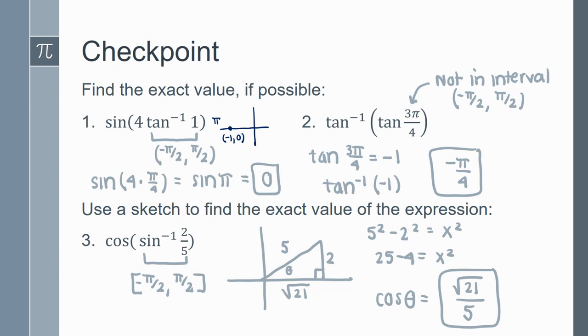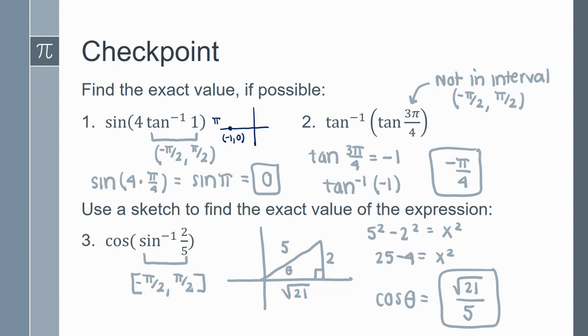So if you're thinking about the second quadrant and you draw a picture, tangent is opposite over adjacent, your legs are the same, they're just opposite signs, so it's going to turn into -1. So I want to know, what is the inverse tangent of -1? Well, going back to my original interval, because I have a negative ratio, I'm in the fourth quadrant, and it ends up being the negative angle of negative pi over 4.